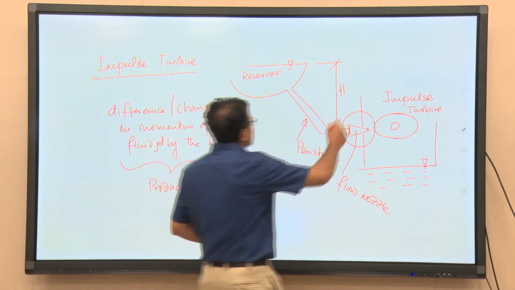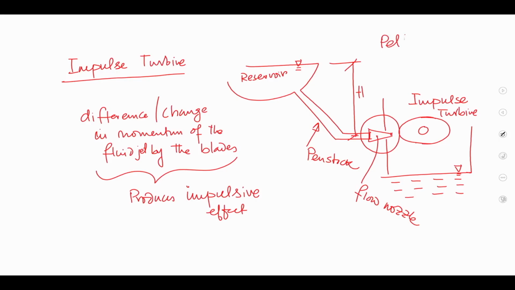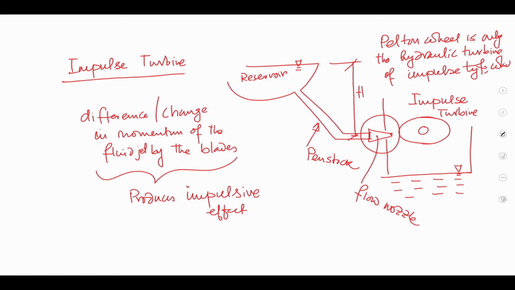So, let me write here that the Pelton wheel is the only hydraulic turbine of impulse type which is most commonly used.